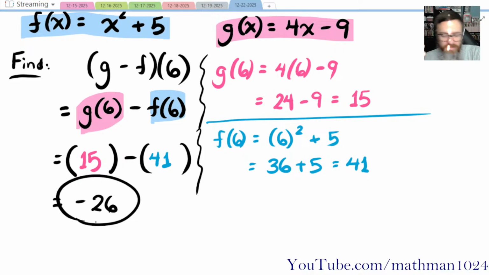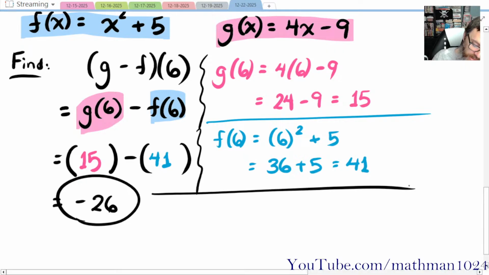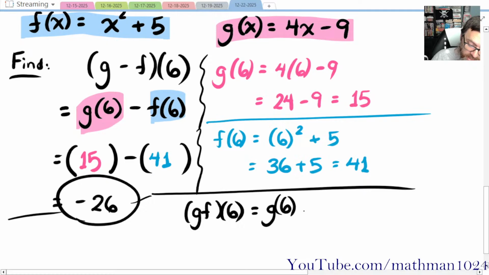I mean, I could ask a follow-up question and say, okay, well that was g minus f. What if I do g f of 6? Well, when g and f are right next to each other like that, that means I would have g of 6 times f of 6. And again, we can pull those values from what we've already done.